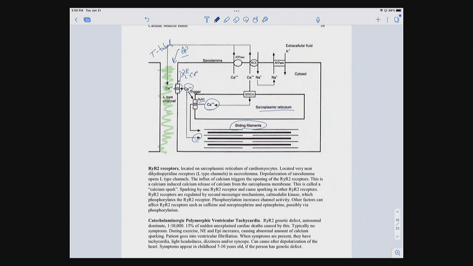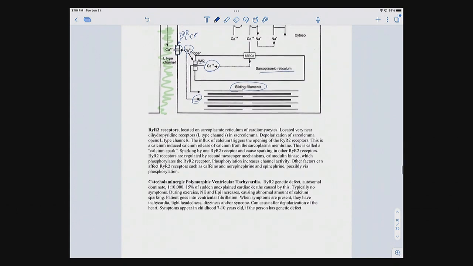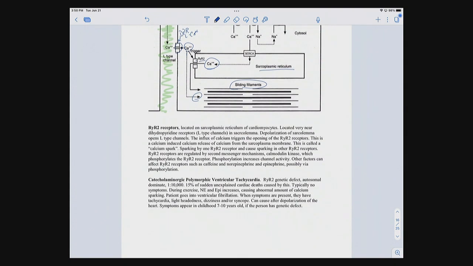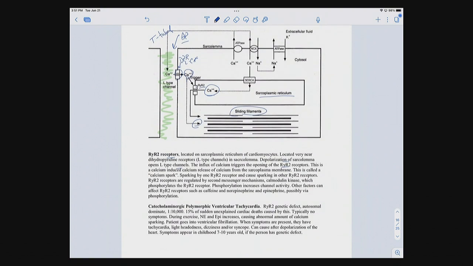It will open, calcium flows out. And now we have sources for calcium to be in the vicinity of the filament so that the actin and the myosin then can interact. So you have that. So let's see what we have here. Make sure I haven't left anything out. You got that. Okay, got that. And L channels, got that. Another term for the calcium as it interacts with the RYR2, sometimes you'll see that called sparking.